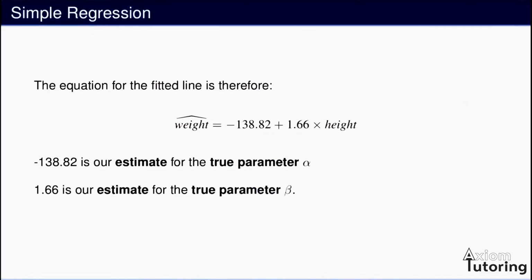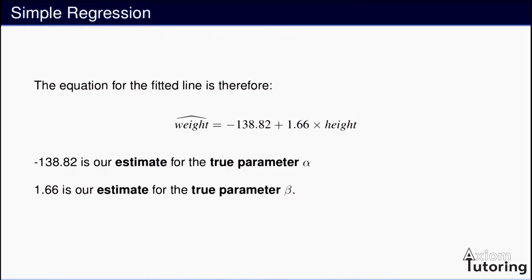So if we look at the equation for the fitted line, we get that my predicted value for weight hat is equal to minus 138.82 plus 1.66 times height, and minus 138 is my estimate for the true parameter alpha, and 1.66 is our estimate for the true parameter beta, okay?